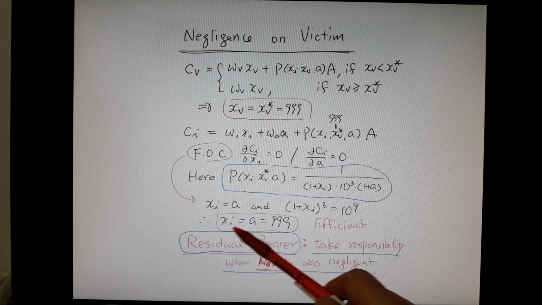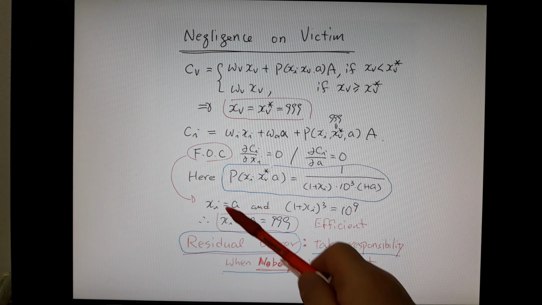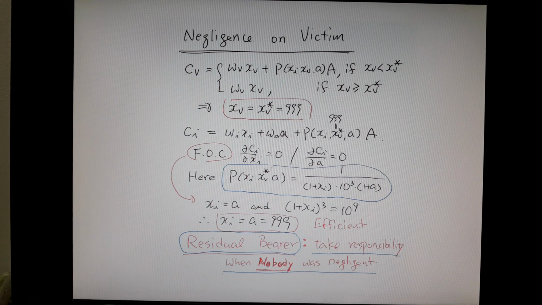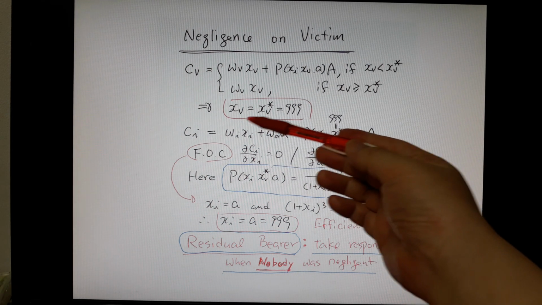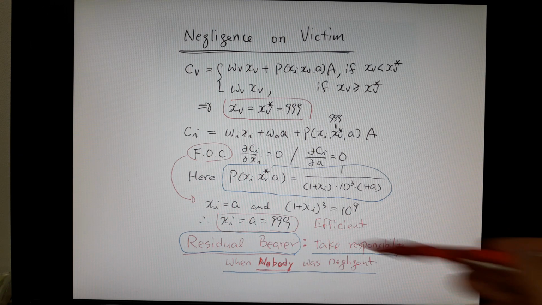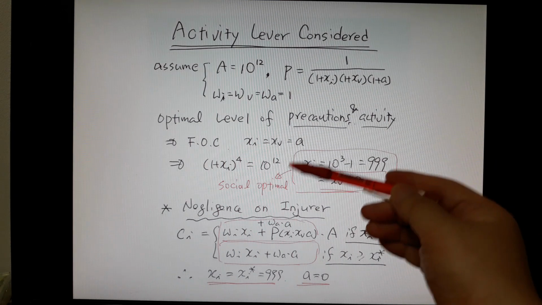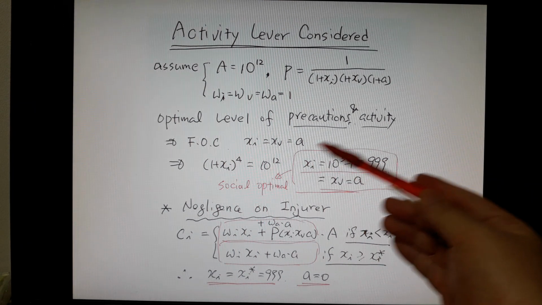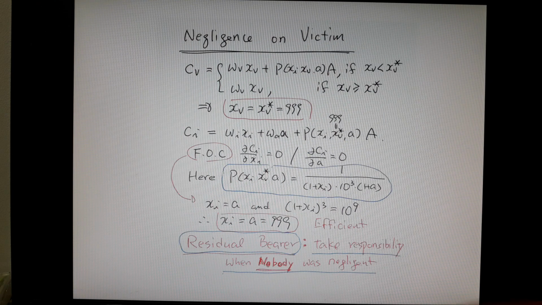So XI would be 999, A, the same as XI, 999. Wow, an efficient result, because XV is 999, XI and A are 999. If you go 2 pages back, that is what guarantees a social optimal level of precaution. And as a result, social efficiency has been achieved.